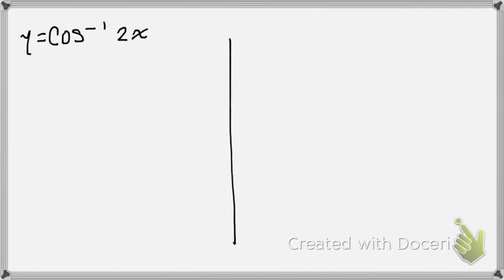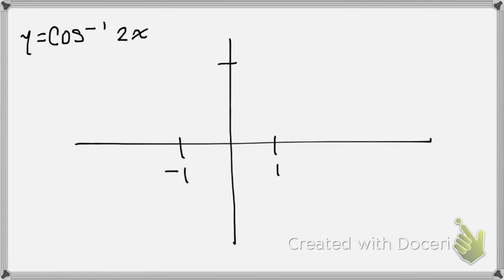So let's just look at one more. We'll look with cosine, inverse cosine. So y equals inverse cosine. Now let's do a 2x here. So we're going to look at where's the parent function. Going from 1 to -1, going up to pi, and it was going to look like this, right? Like that.